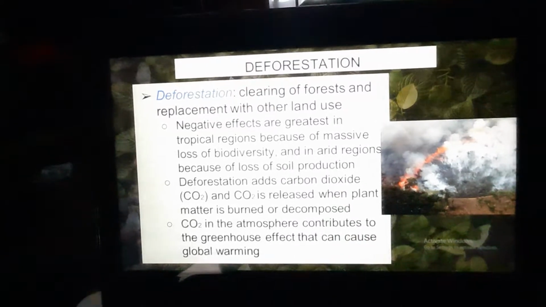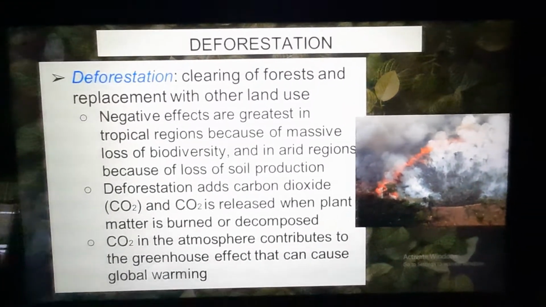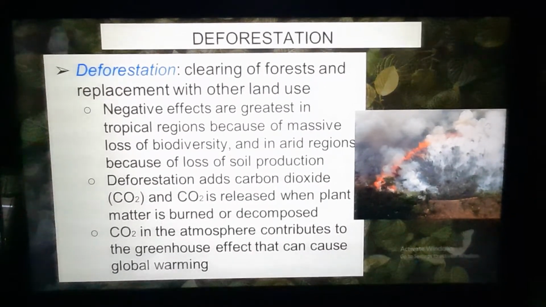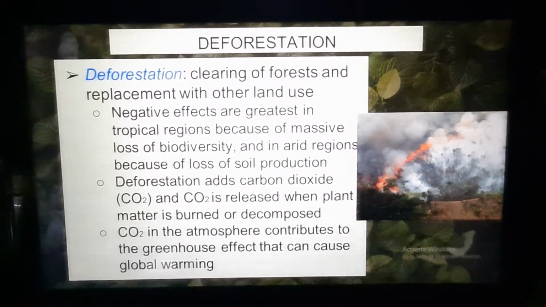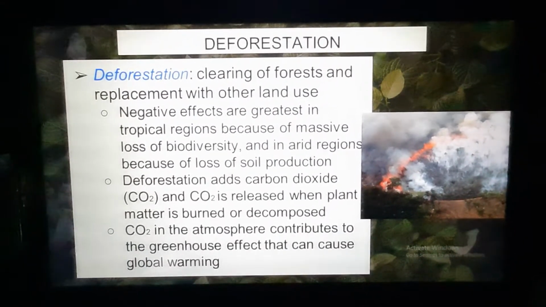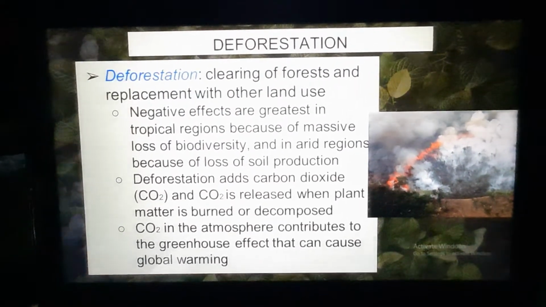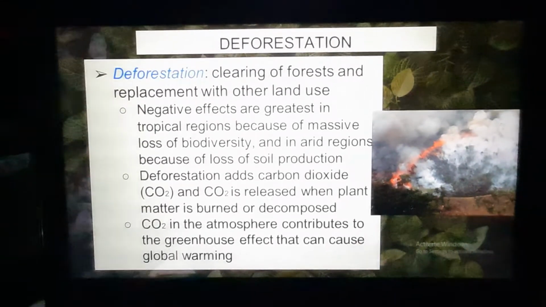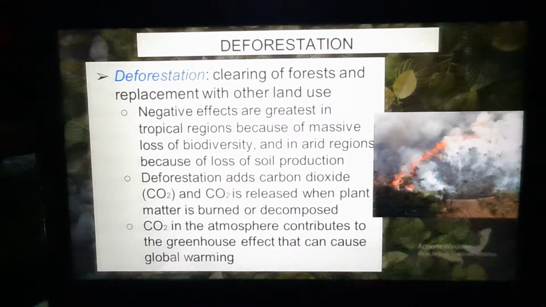When we talked about different methods of harvesting timber, the different variation of plants and animals that live, even in the different sections of the forest, such as the canopy and the understory and the floor. If you're completely wiping that out, as opposed to just removing some trees, then you are losing all of that biodiversity, both in the plant and animal worlds.